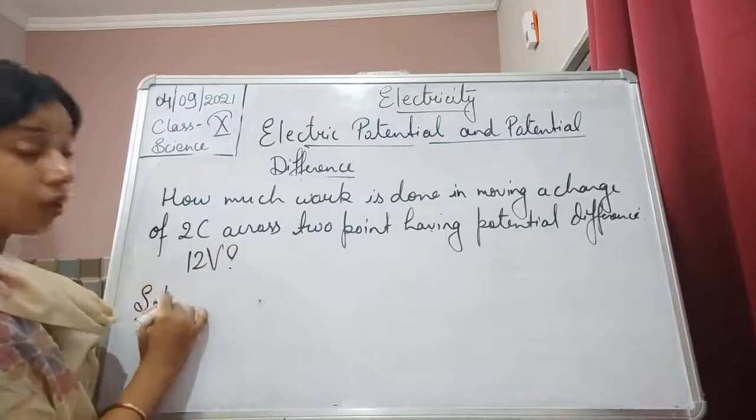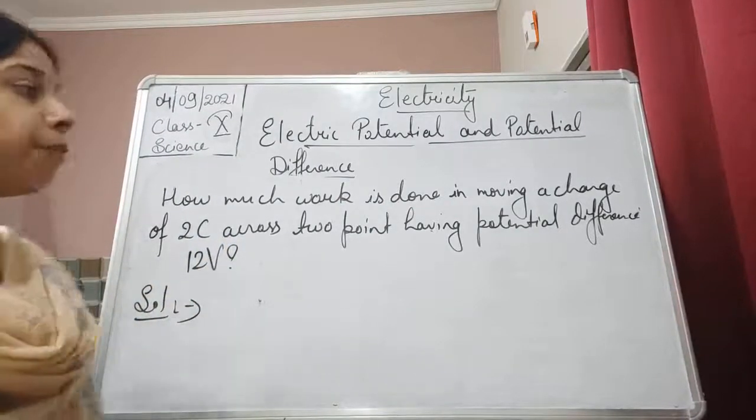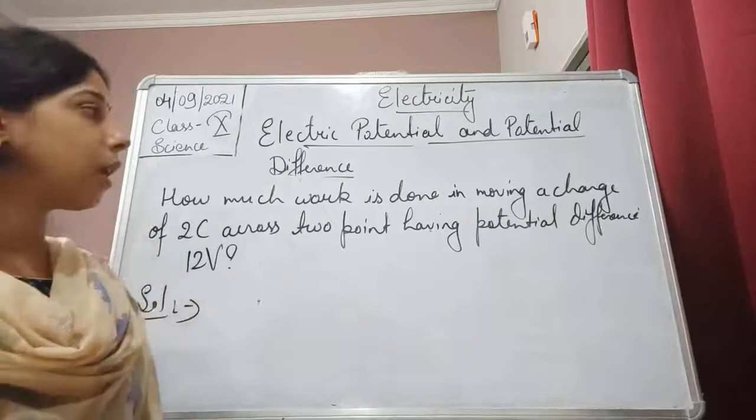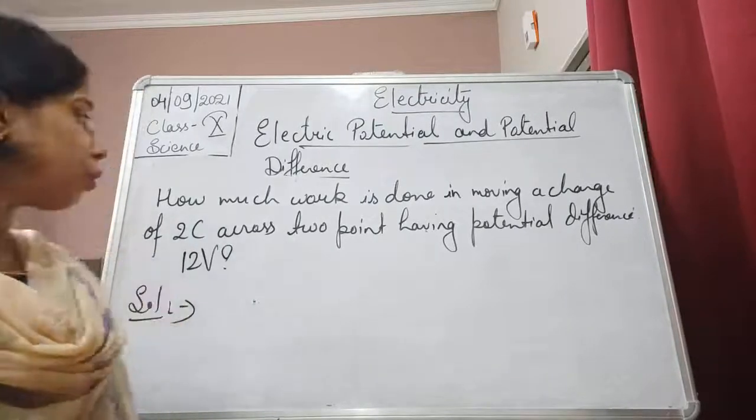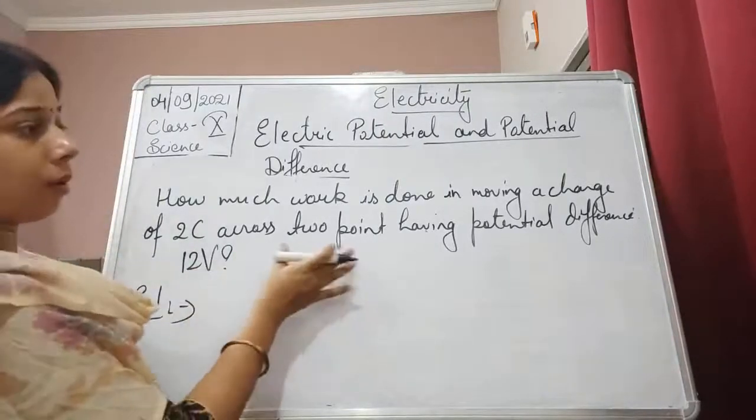Potential difference 12 volt. Now see here, the question is how much work is done in moving a charge of 2 coulomb.